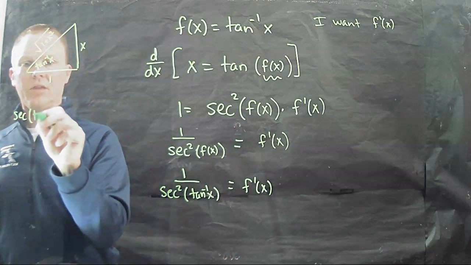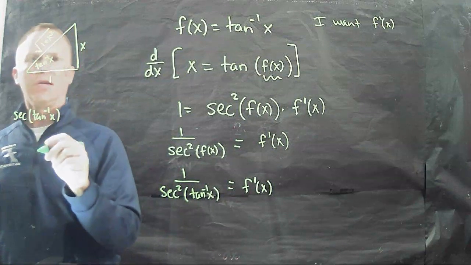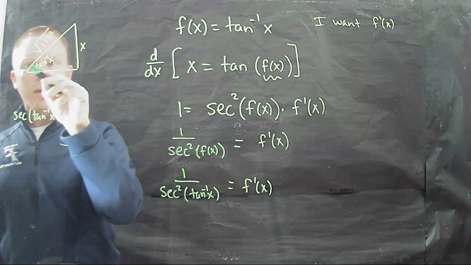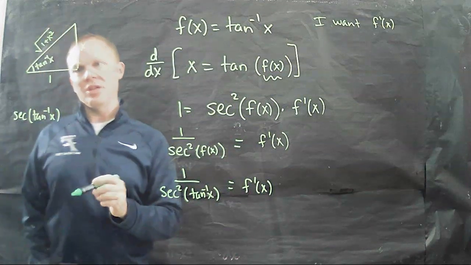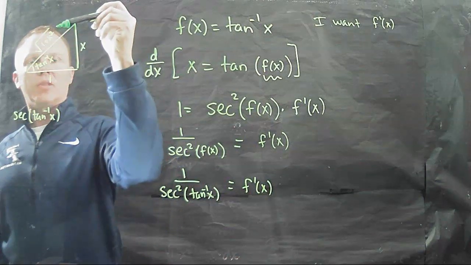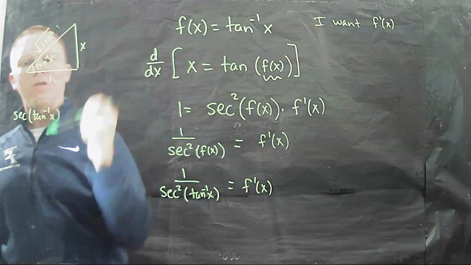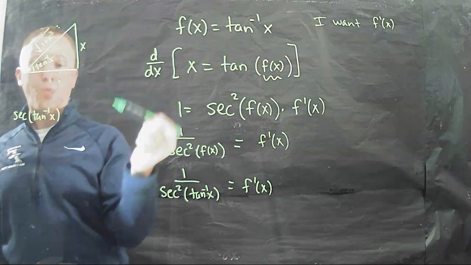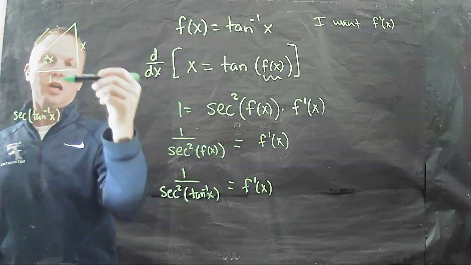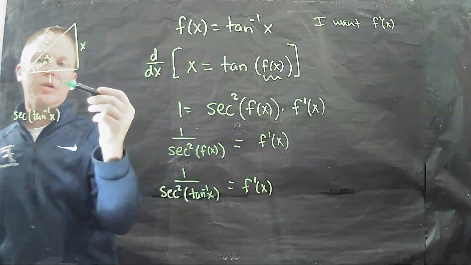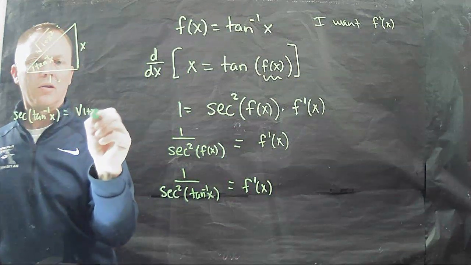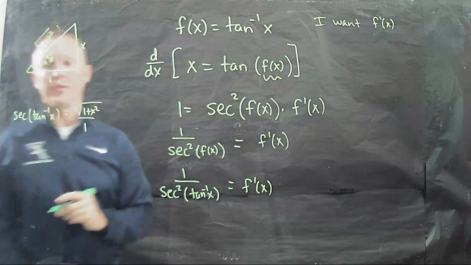So secant of the inverse tangent of x, what is that going to be? Well, secant is going to be 1 over the cosine. So the cosine of the inverse tangent of x is 1 over radical 1 plus x squared, adjacent over hypotenuse, right? So if the cosine is 1 over radical 1 plus x squared, then the secant is radical 1 plus x squared over 1.